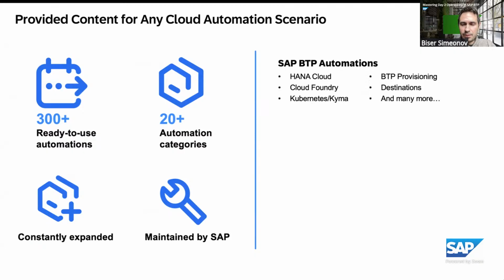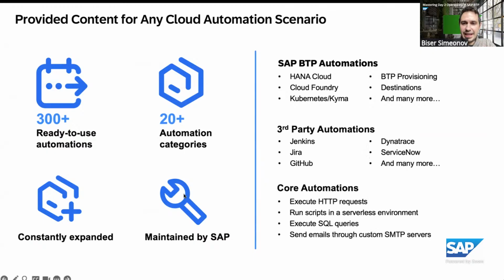The automations are grouped in categories, and today we're going to touch base on some of the core automations. When I say core automations, those are Cloud Foundry and HTTP request related automations, plus, for example, automations which are related to Jira and the creation of tickets directly in Jira.